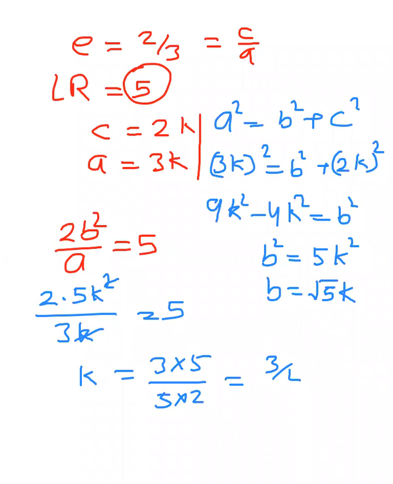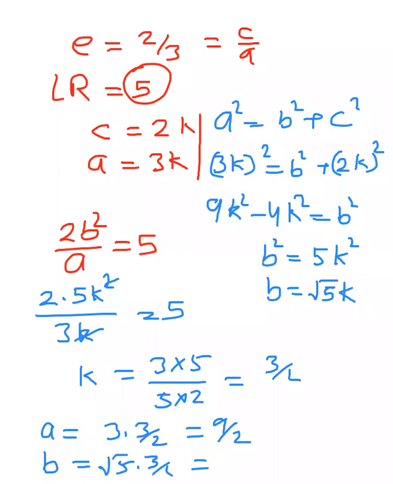Now everything is clear. What will be the value of a? It is 3k, so 3 into 3 by 2, that is 9 by 2. B is root 5 into k, and k is 3 by 2, so 3 root 5 upon 2.